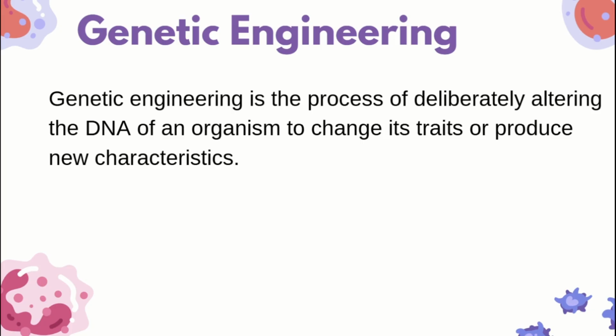We are basically the authors, the engineers behind it in artificial selection. Now we're getting into genetic engineering, and this is where we get into the nitty gritty. It's us altering the DNA of an organism to change its traits or produce new characteristics.